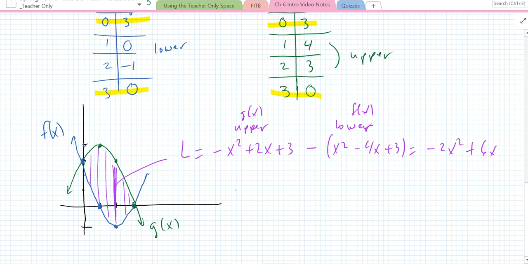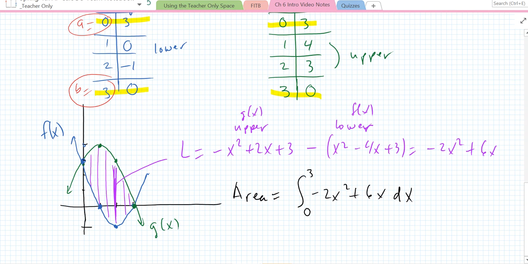So now I have my problem. My area is equal to the integral from 0 to 3, which are the x values, so this is a, and this is b, of -2x squared plus 6x dx, which is easy.